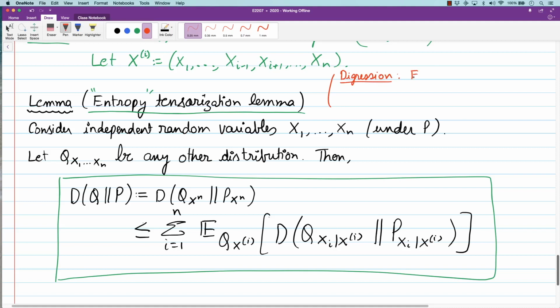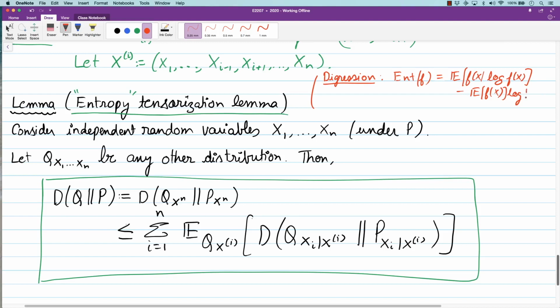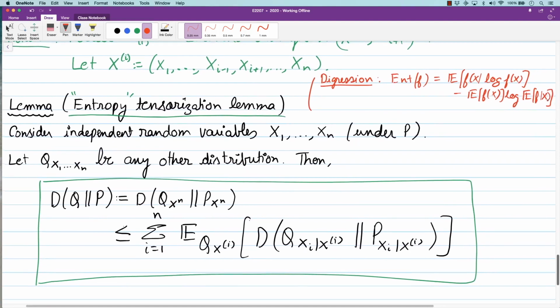We defined the entropy of any function as the expected value of f(x) log f(x) minus the expected value of f(x) log of the expected value of f(x). That's what we define entropy to be.